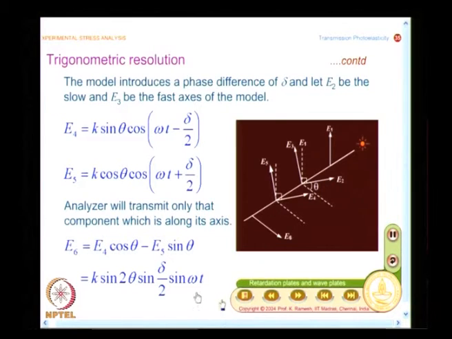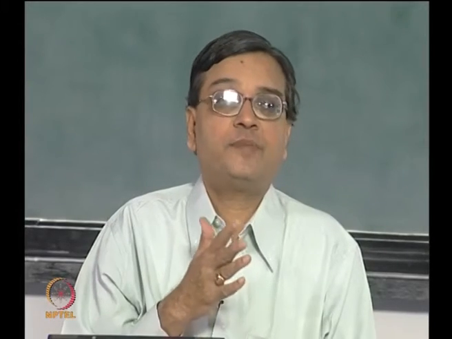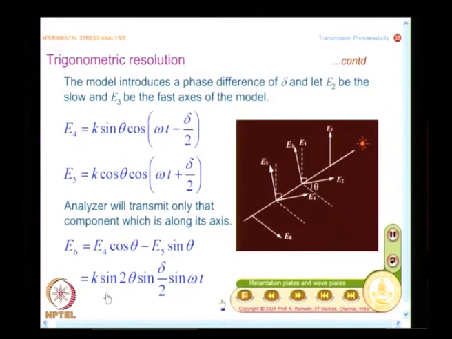So, what have we anticipated? We have anticipated that this should be a function of delta, which is related to sigma 1 minus sigma 2, and theta. So, I have k sin 2 theta sin delta by 2; both are appearing.